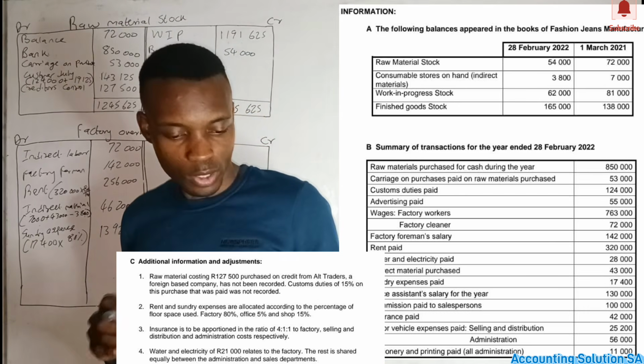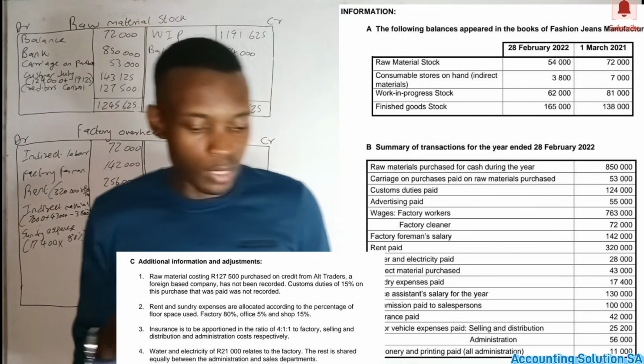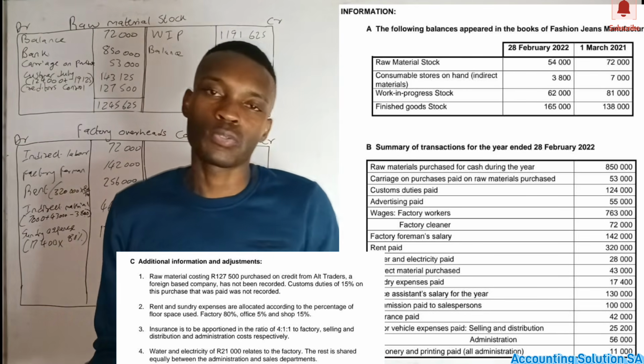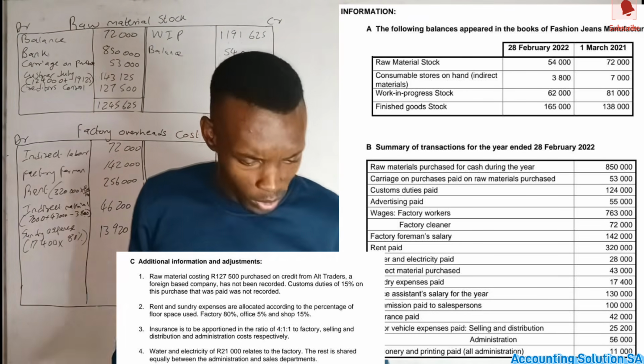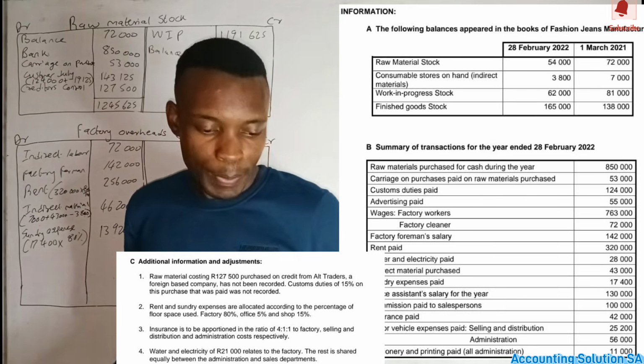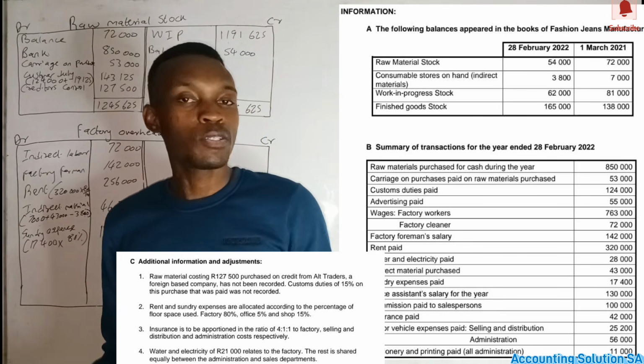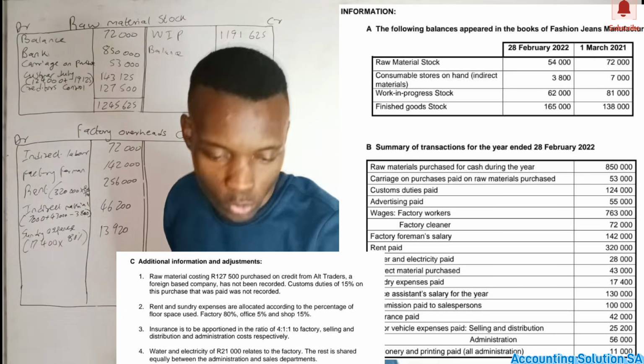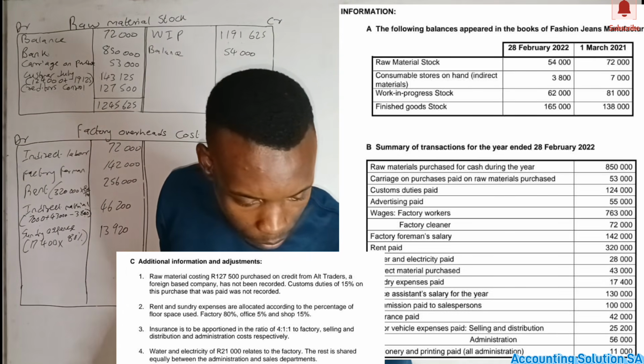Then let's proceed and check another one. Office assistants, no. Commission paid to salesperson, no. Sales obviously is related to selling and distribution. Then insurance paid, they didn't specify. Insurance can fall under everything, which means that we have to go and check the transactions.